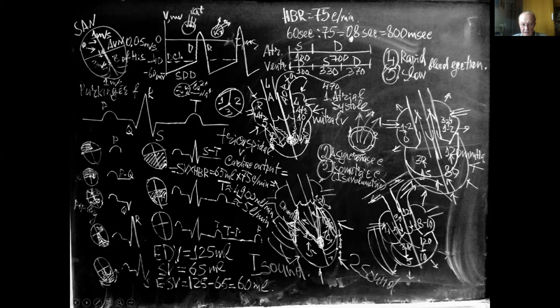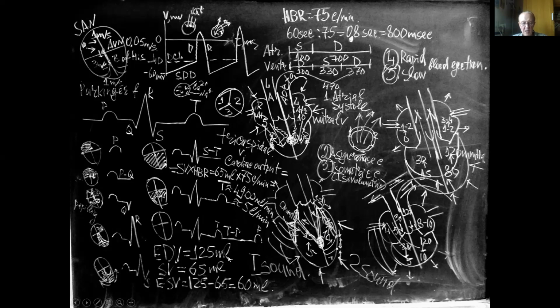That's why, when the ventricles contract, the blood pressure increases, but the blood doesn't move, doesn't pump out. How much blood? This is the end diastolic volume, 125 milliliters.